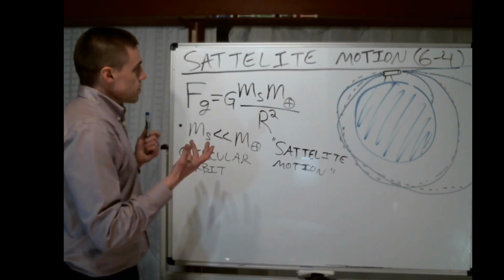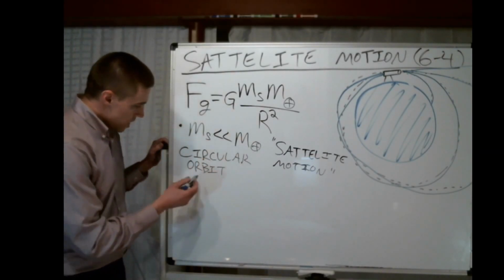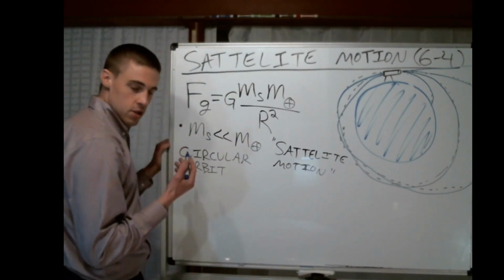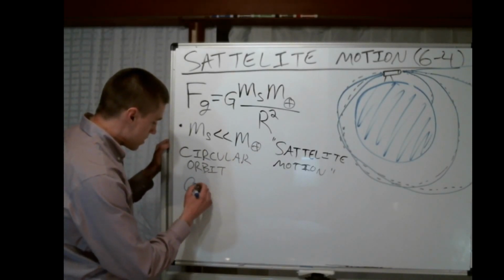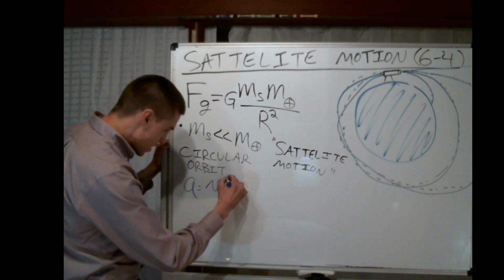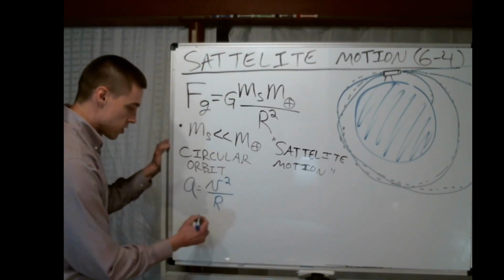So let's talk a bit more about satellite dynamics. As I said, we'd be on a circular orbit. We know that for uniform circular motion, the centripetal acceleration is equal to the speed squared divided by radius r.